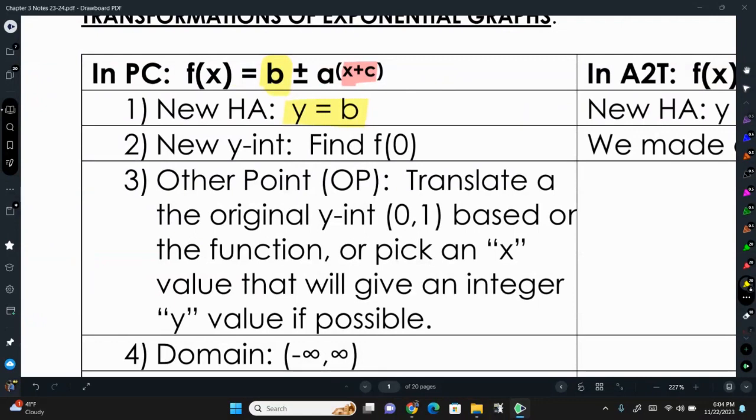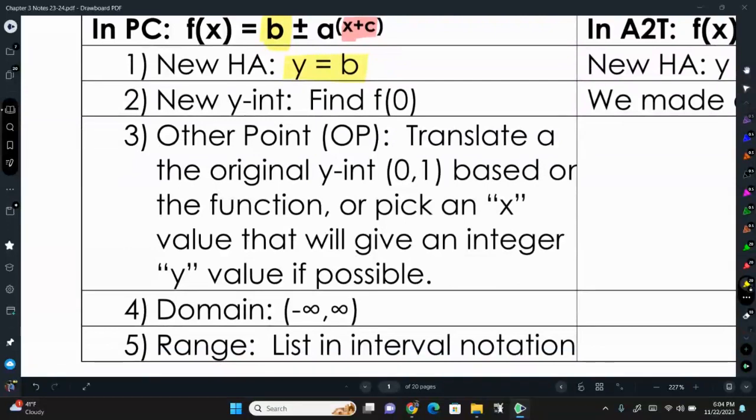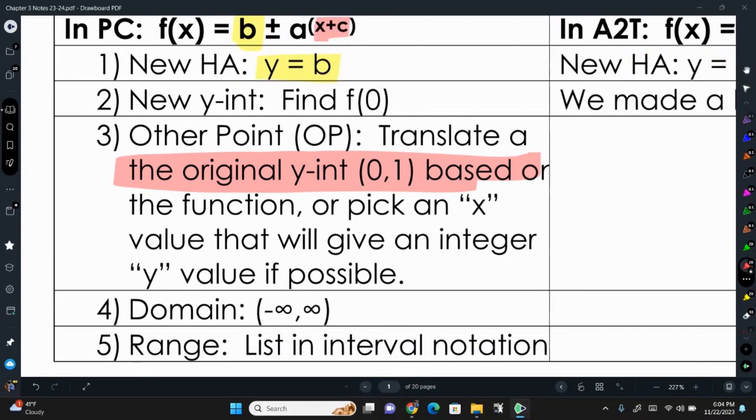And then we're going to find the y-intercept by plugging in 0 for x. And then we need one other point, and we can do it one of two ways. If we can, it's a lot easier to translate the original y-intercept 0, 1 based on the function. Now, you can only do that if you have a c value, if you are translating left and right.